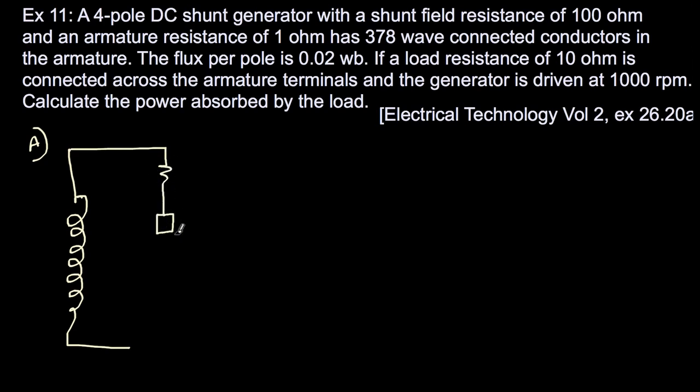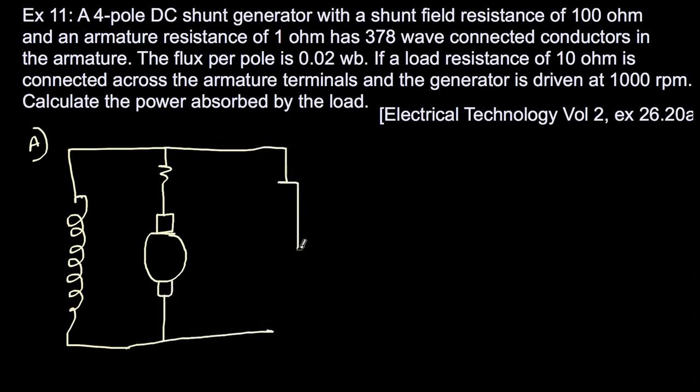This is the armature resistance I'm just showing outside, and this should be a load. A 4-pole DC shunt generator, so P equal to 4. Field resistance 100 ohms, armature resistance 1 ohm. Flux per pole is 0.02 Webers.